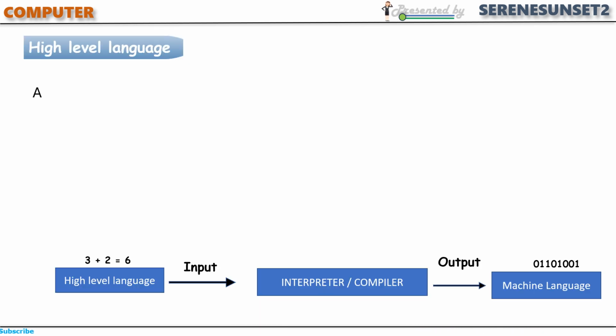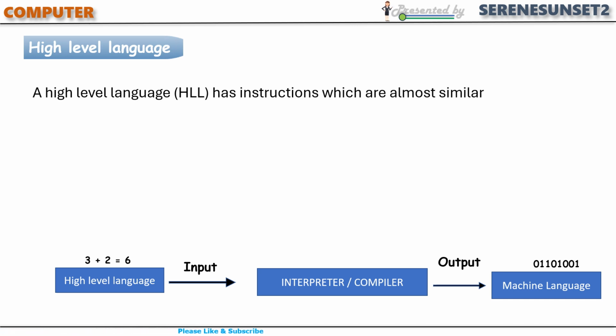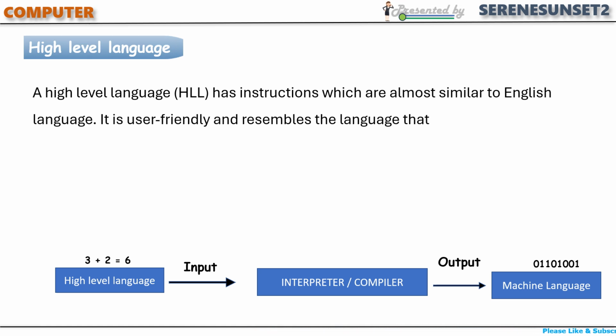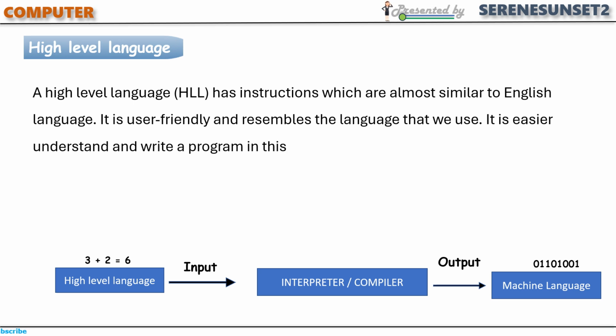High-level language. A high-level language, HLL, has instructions which are almost similar to the English language. It is user-friendly and resembles the language that we use. It is easier to understand and write a program in this language.